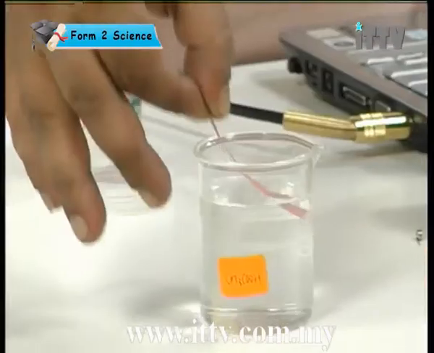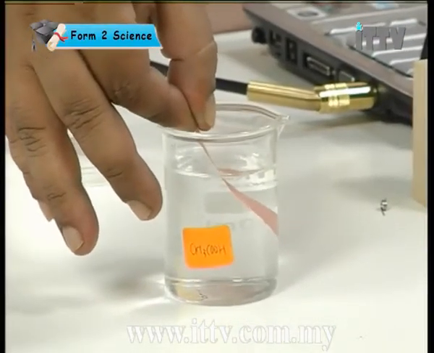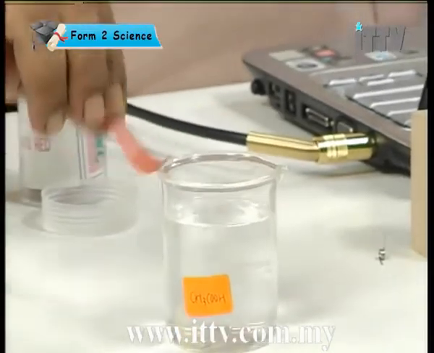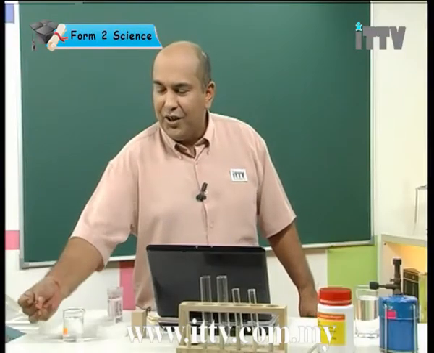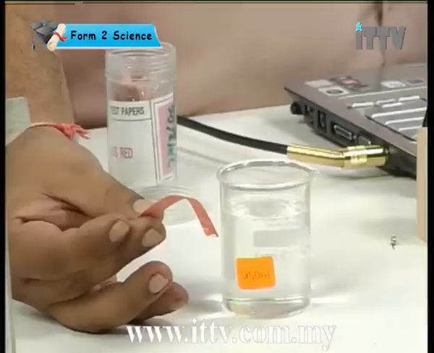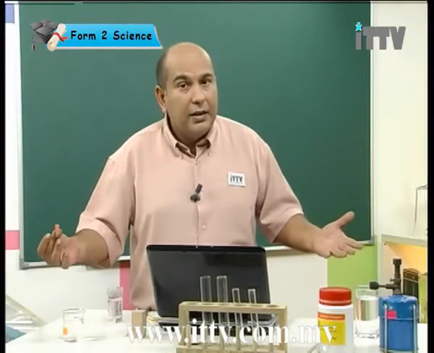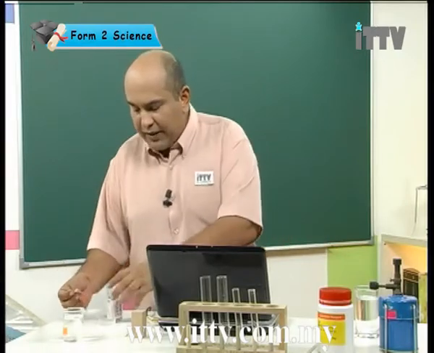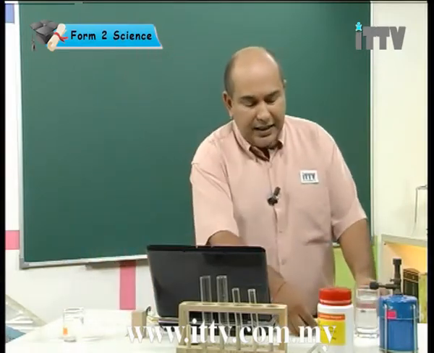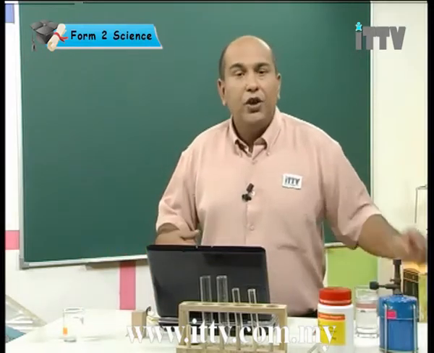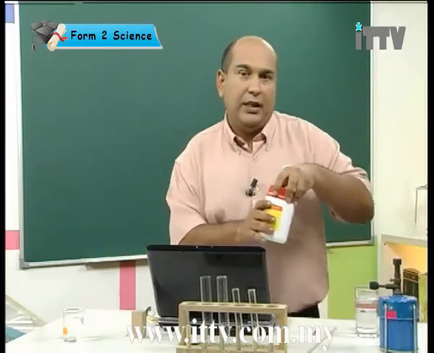I put it in, like so, and I notice that there is absolutely no color change on the red litmus paper, which means that this is probably acid. You see, by doing these kinds of experiments, we basically know whether there is a change, whether there is acid or alkali.